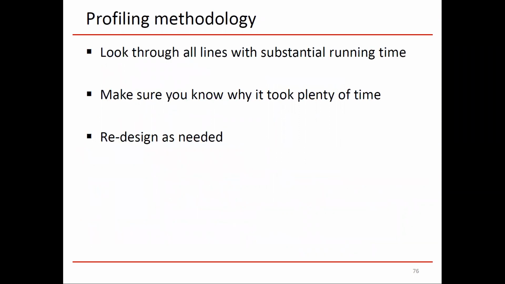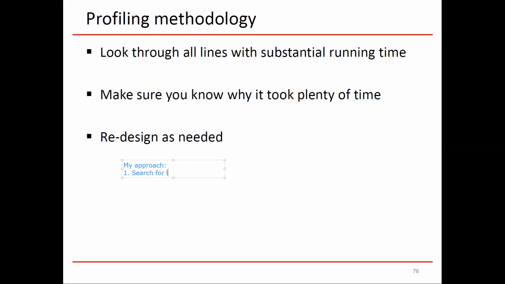So what you're going to do, you're going to look through all the lines with substantial running time, and you're going to make sure that you know why each of those substantial running time lines indeed took plenty of time, and you'll redesign as needed. So let me informally tell you the way how I often approach this, okay? My approach is often as follows.